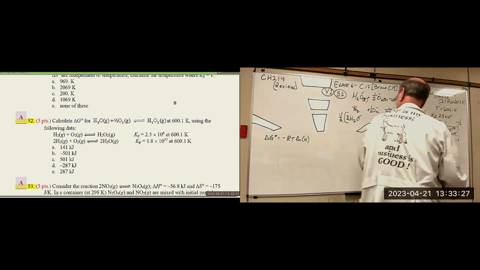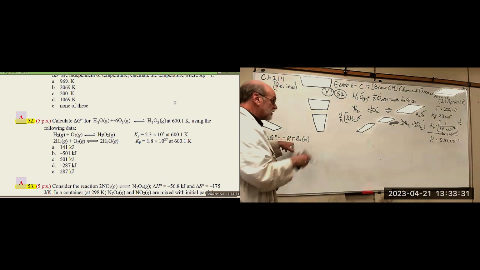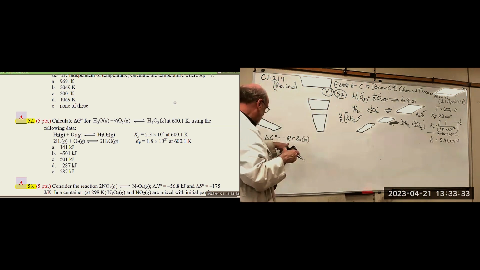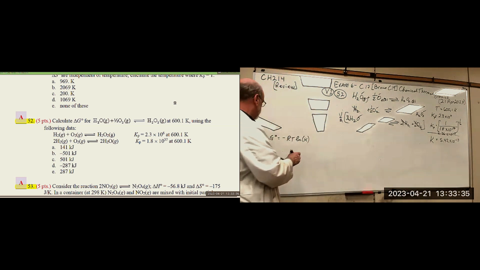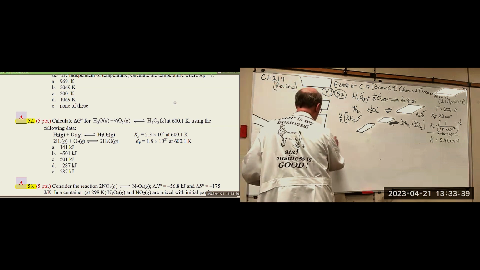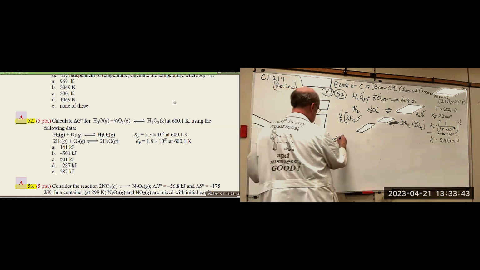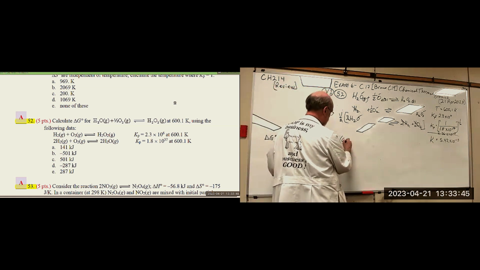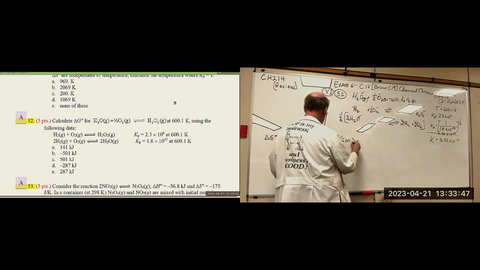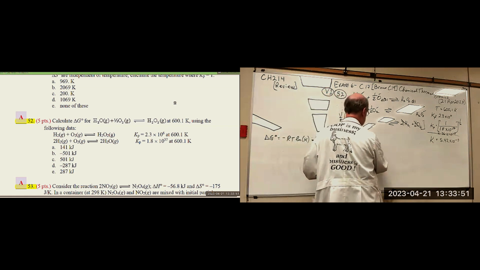All right. So now we've got a K, we've got the temperature, we know what R is, we can calculate the delta G. So it's negative 8.3145 for the R value. And the T is already in K. And then the K value is 5.42 times 10 to the minus 13.